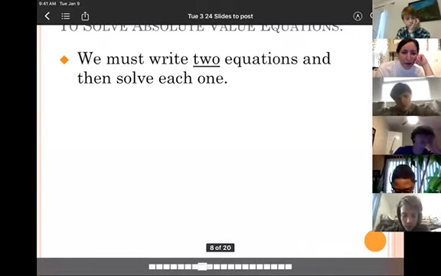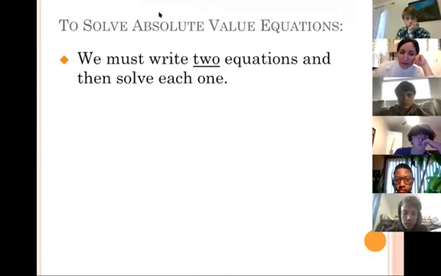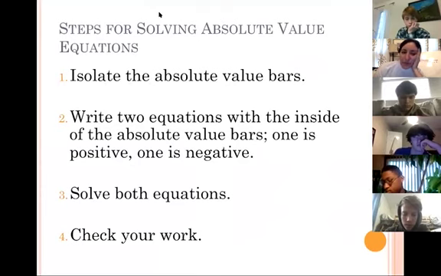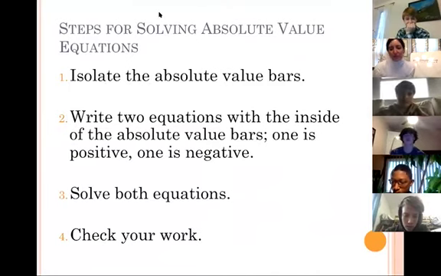Okay. So for absolute value, you're always going to have 2 equations because we have these 2 distances. We can go either direction with the distance. So when we solve absolute value equations, this is going to be our step-by-step process so we can make sure we get the solutions on both sides.